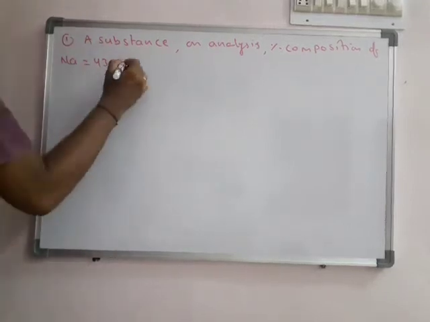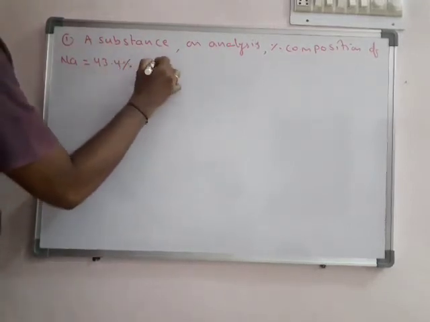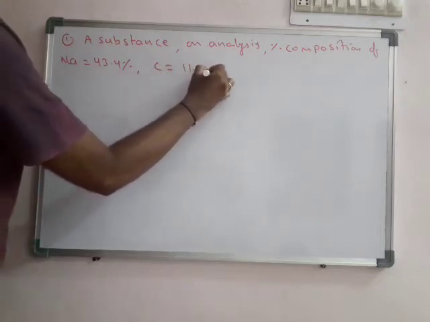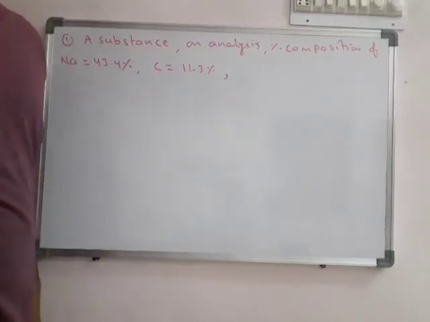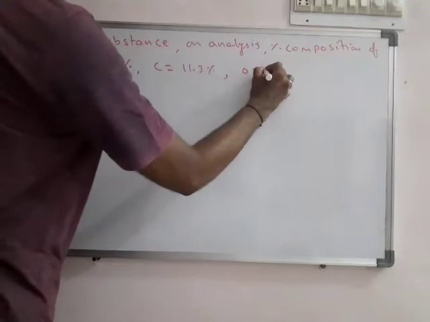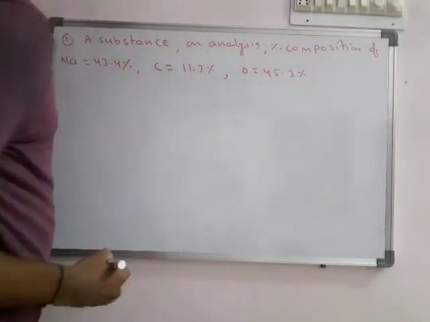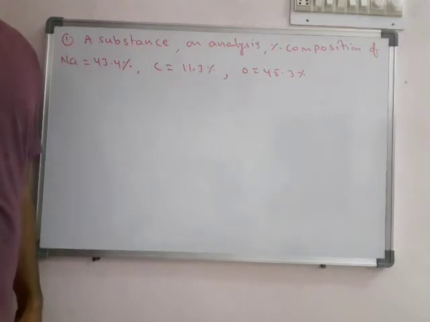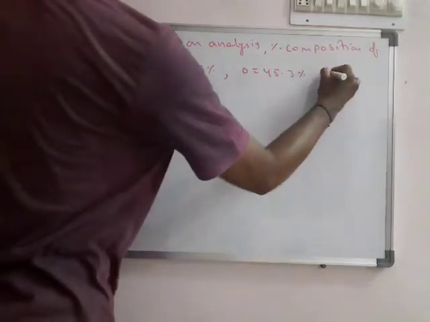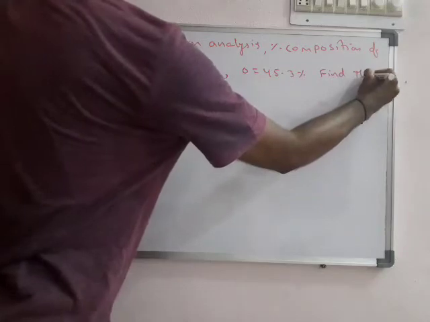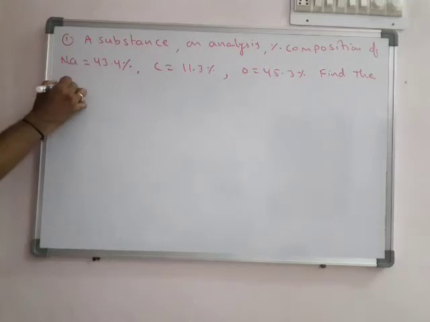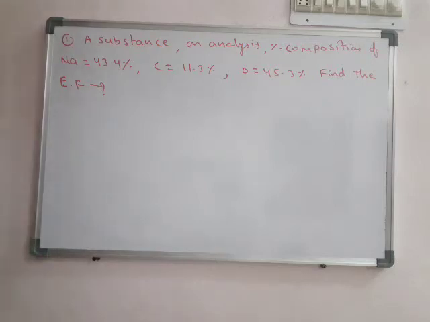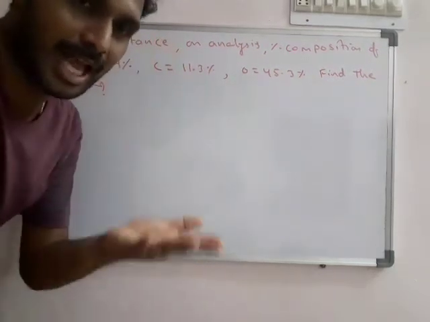Next, carbon is equal to 11.3%, and oxygen equals 45.3%. So then what is the problem? Find the empirical formula of the compound. The information is given, the percentages of an unknown substance.